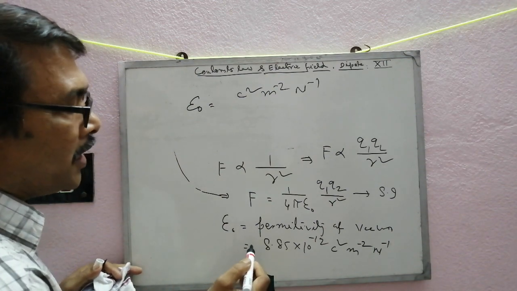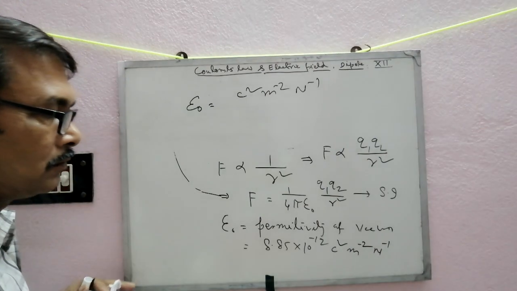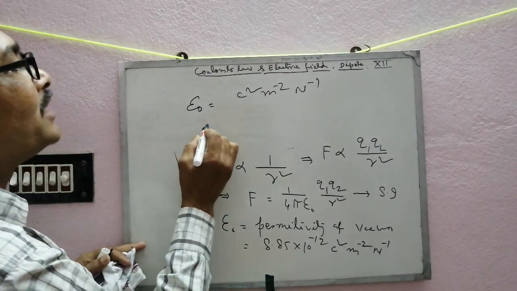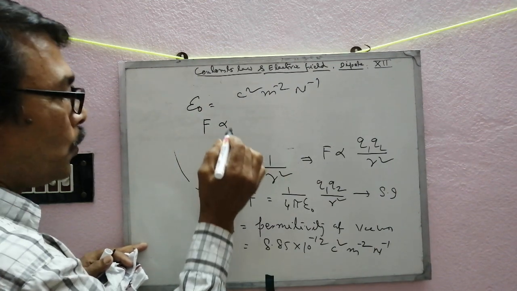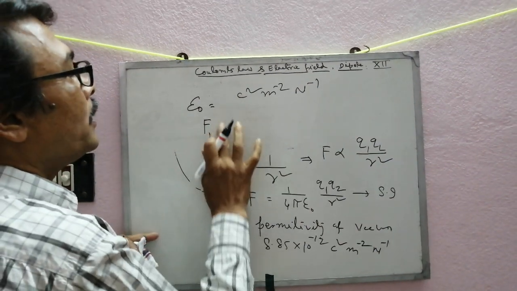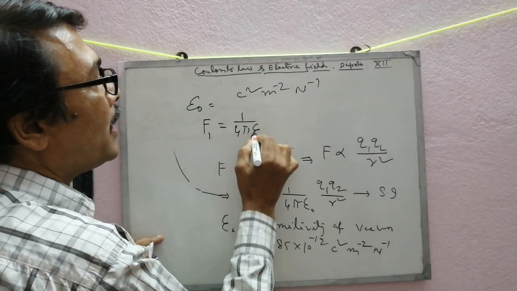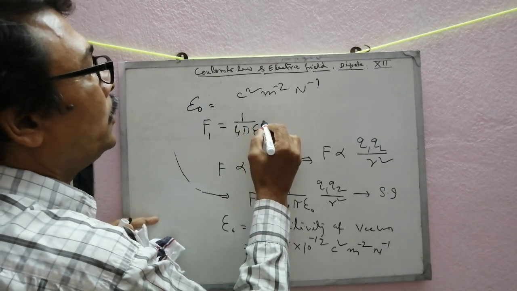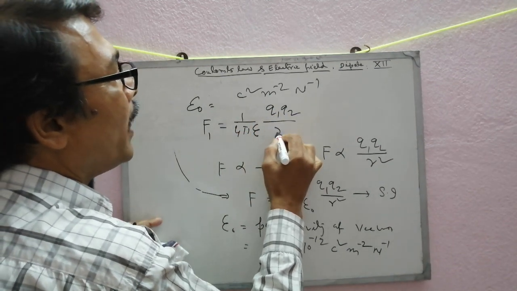Suppose in water or another medium, if the same two charges are placed at the same distance r, the force F1 will be F1 equals 1 by 4 pi epsilon, only epsilon, Q1 Q2 by r square.